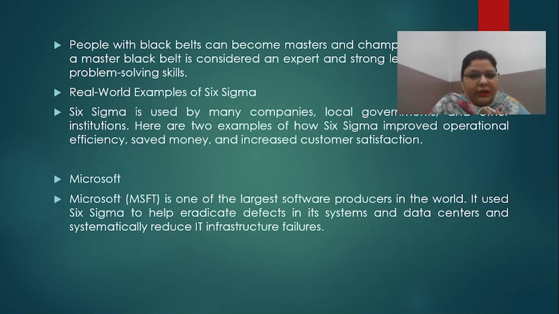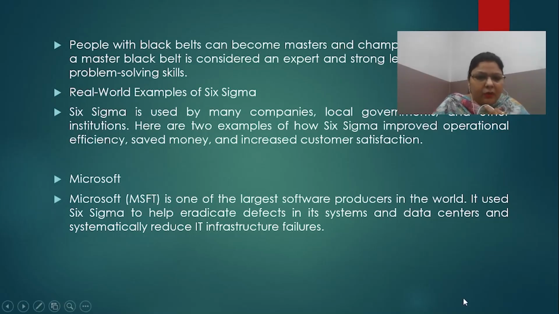Just read about how Six Sigma is applied in organizations. Just take an example with this. Number one, Six Sigma is used by many companies, local governments and other institutions. Here are two examples of how Six Sigma improved operational efficiency, saved money and increased customer satisfaction.